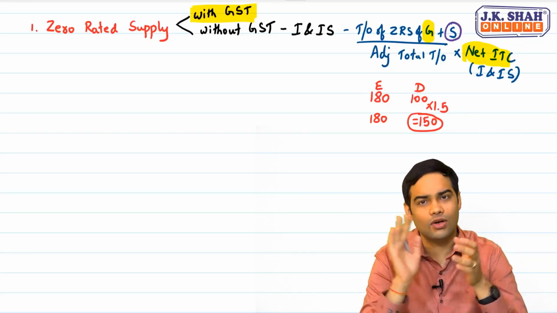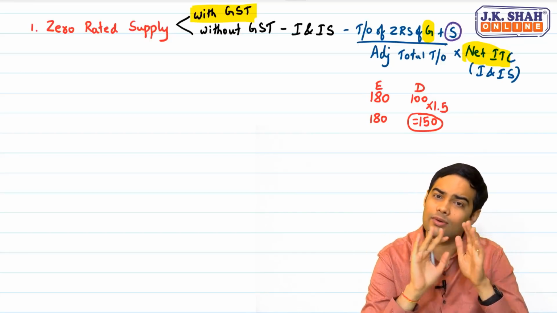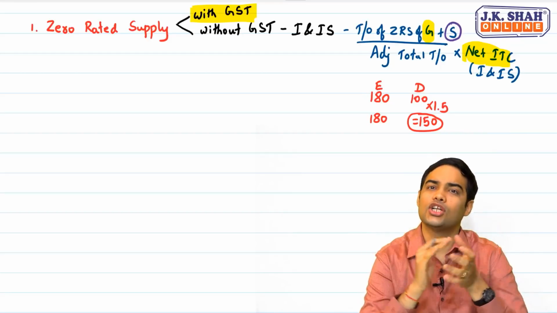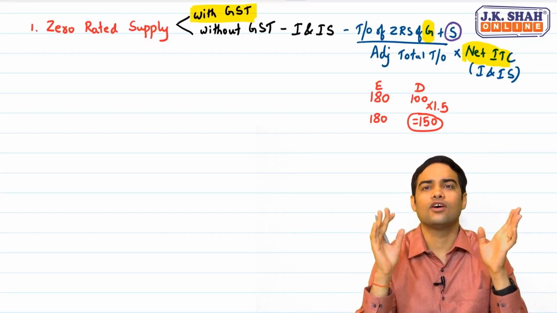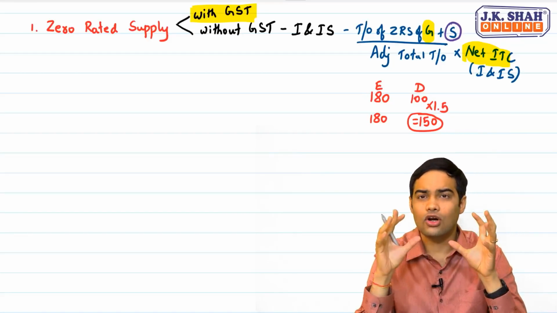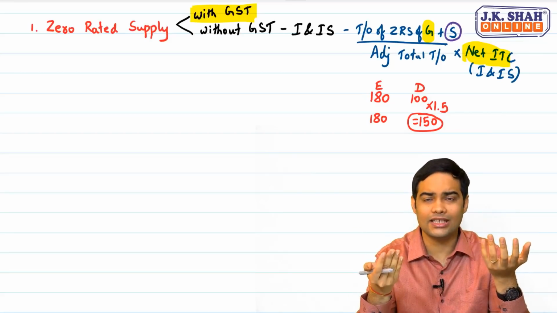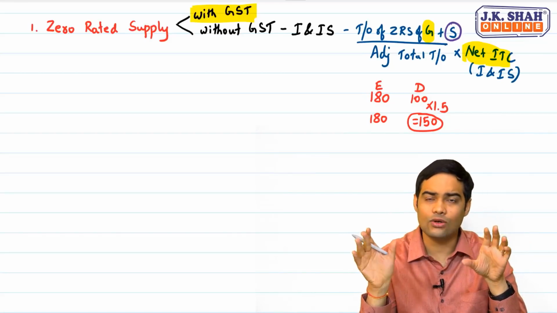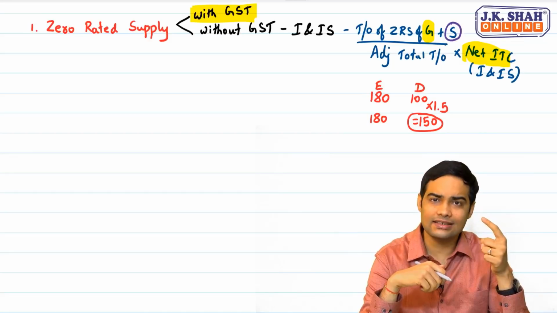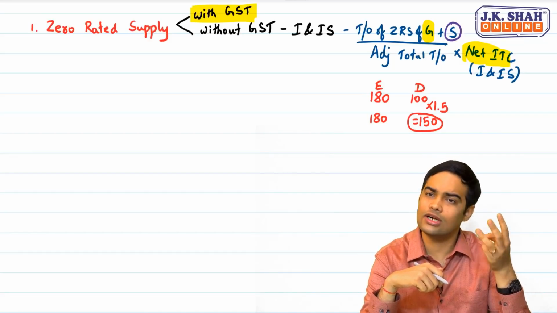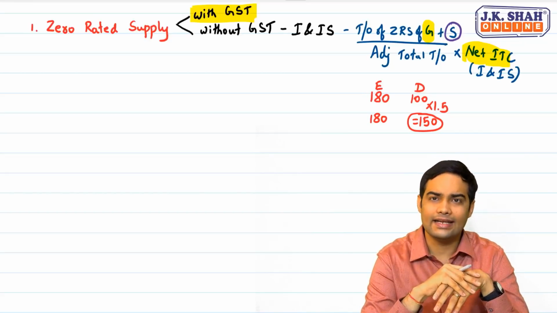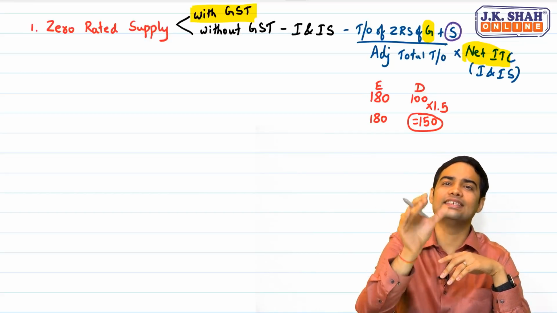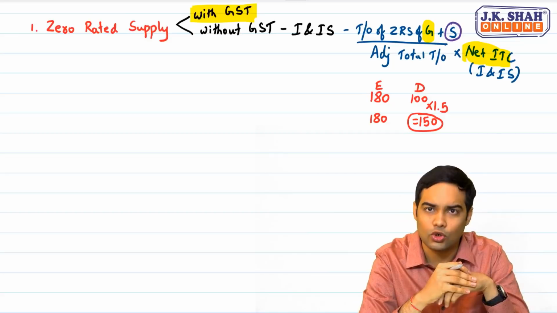It's excluded from net ITC, it's excluded from adjusted total turnover, it is also excluded from turnover of zero rated supply of goods. So, if you are claiming under deemed export, then it becomes a separate calculation. We don't consider it as turnover of zero rated supply of goods, neither adjusted total turnover nor in net ITC, to the extent ITC is relatable to deemed exports.